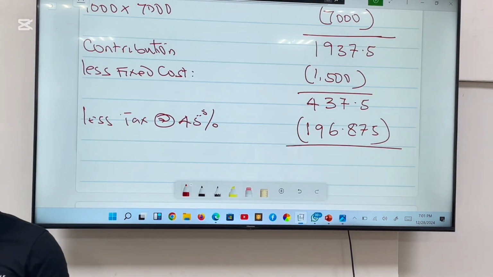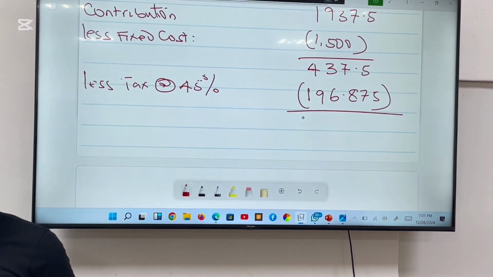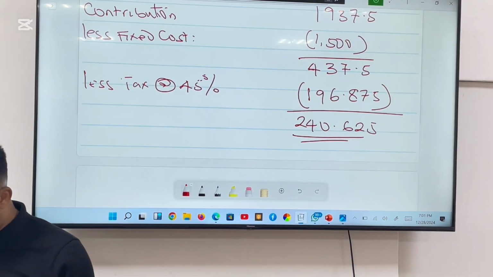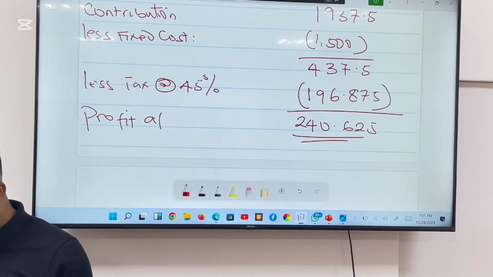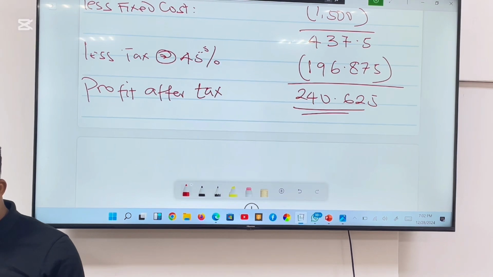So 437.5 minus 196.875 will give me 240.625. This is now their profit after tax. And don't forget, this is only for division P.